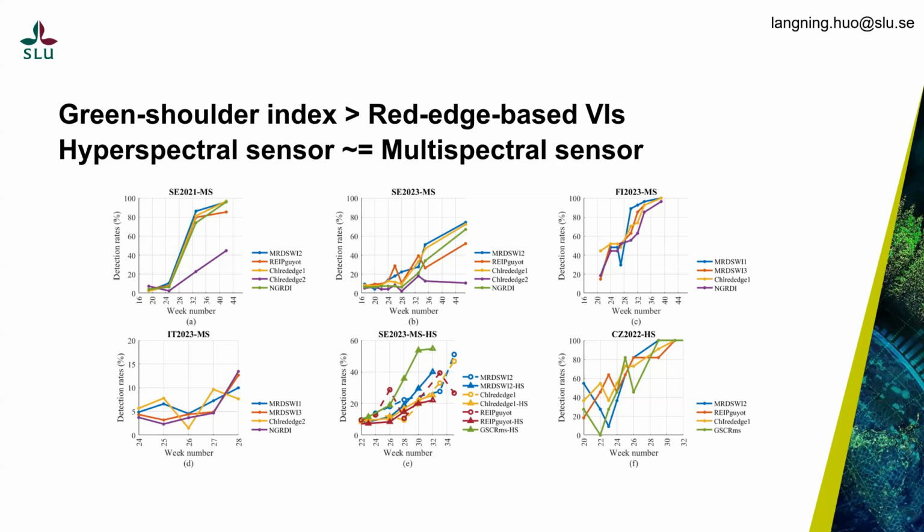And that's the case also for the data we first published in the Finnish data. And then the second analysis in the Swedish dataset. And also we did a comparison in the Czech Republic. And this also shows why we choose the shoulder bands. Because in this data set, the infestation actually happened in week 23.